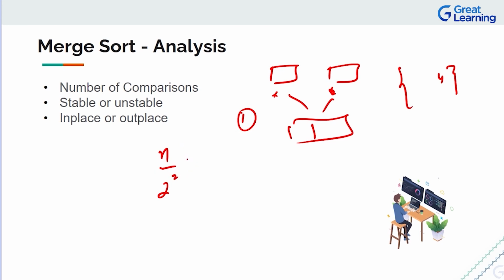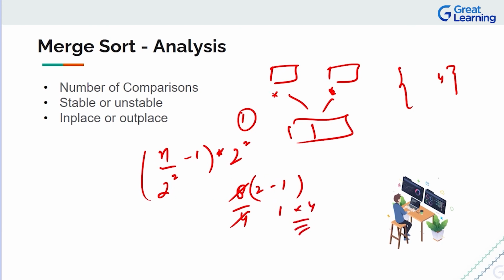In this case, n equal to 8, and 2 raised to the power 2 is 4, which results in 2. 2 minus 1 is nothing but 1, multiplied by 4. So 4 comparisons. Make sense?